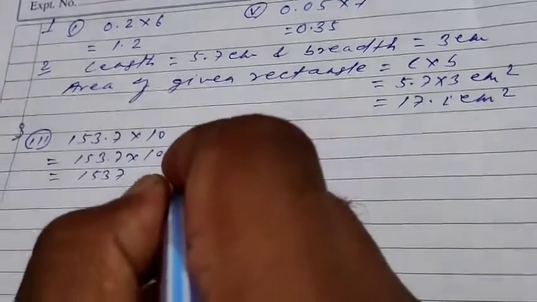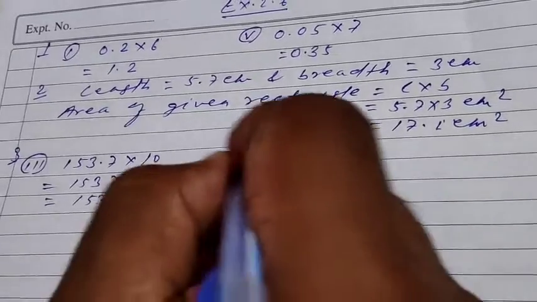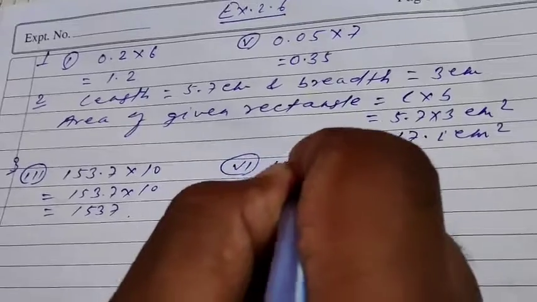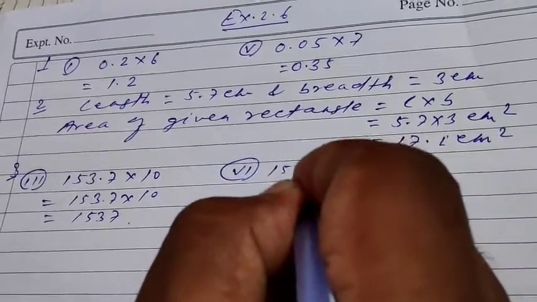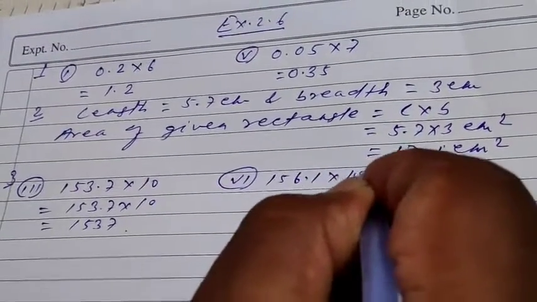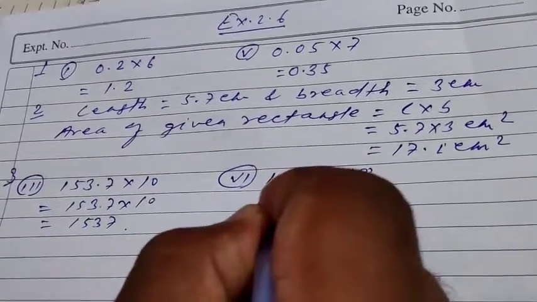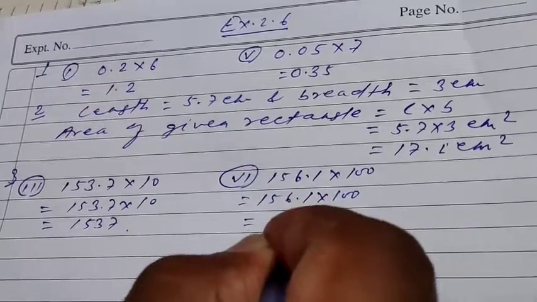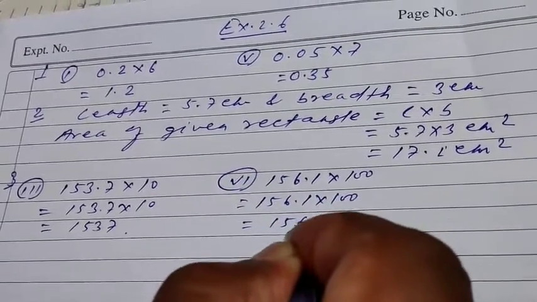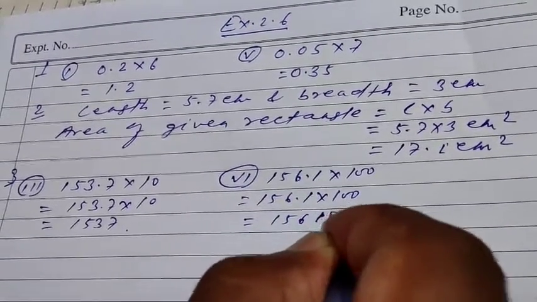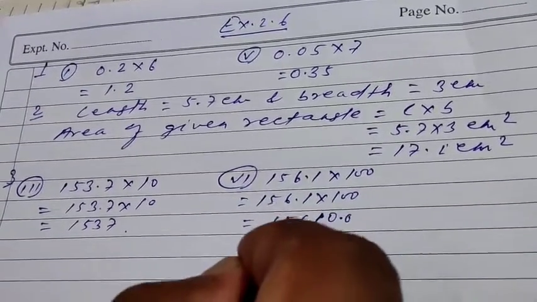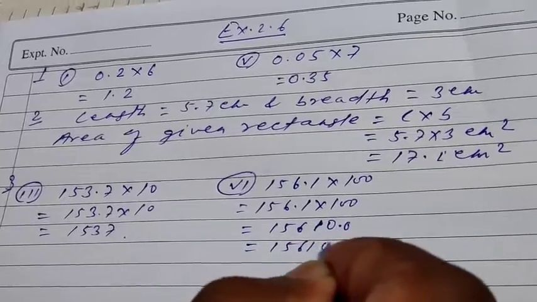This is the answer. Now question number 6 is 156.1 into 100. 156.1 into 100 is equal to 15610, and we write decimal after one place, and therefore this is the answer, 15610.